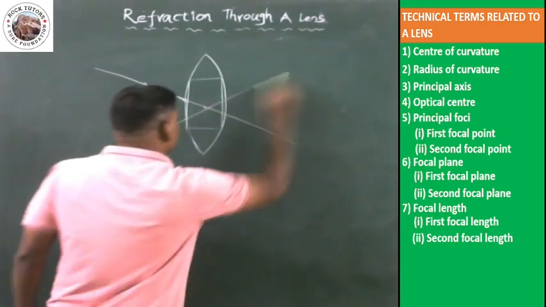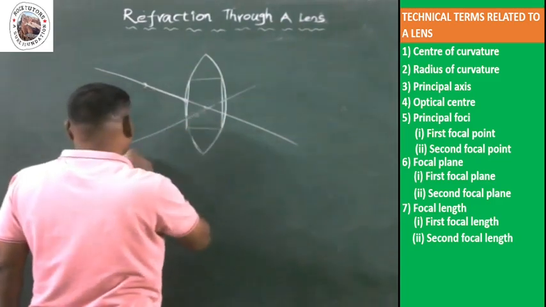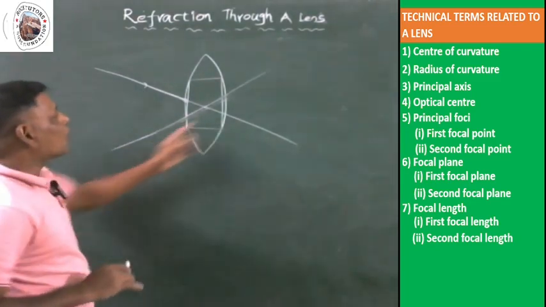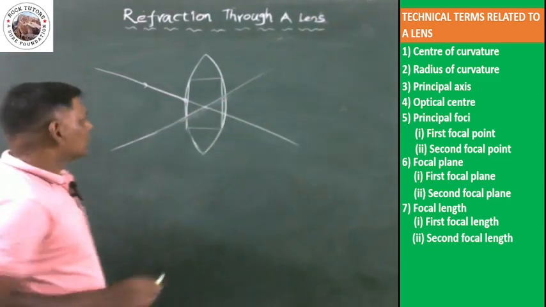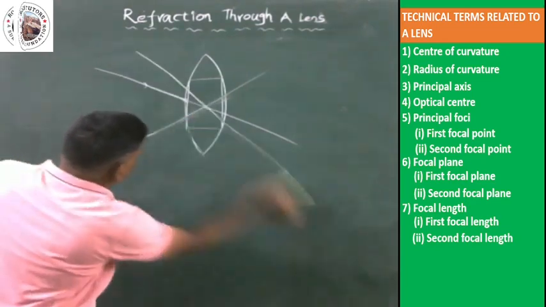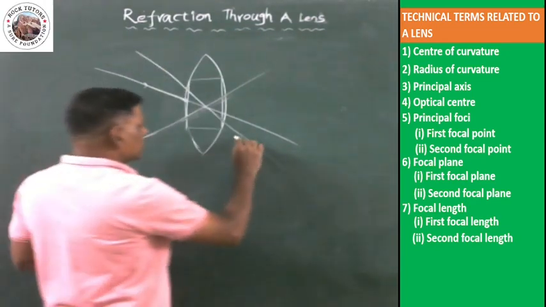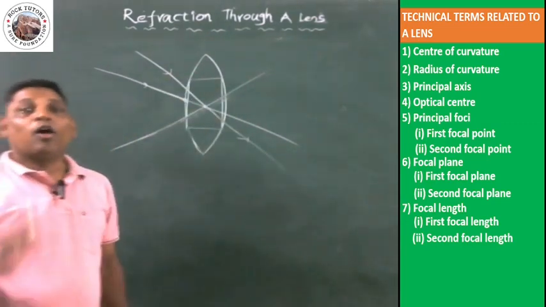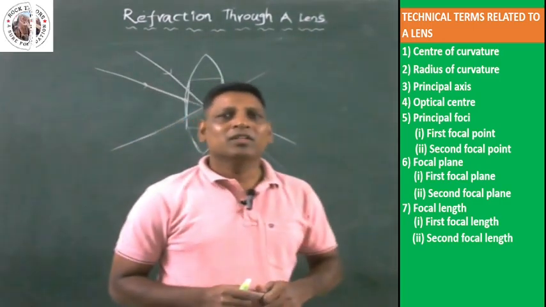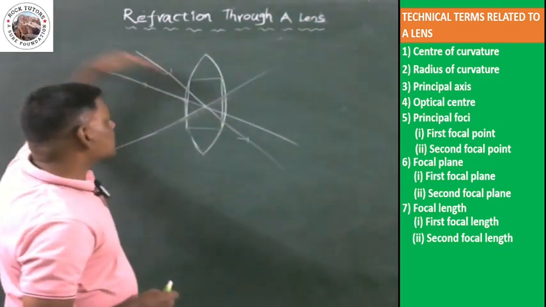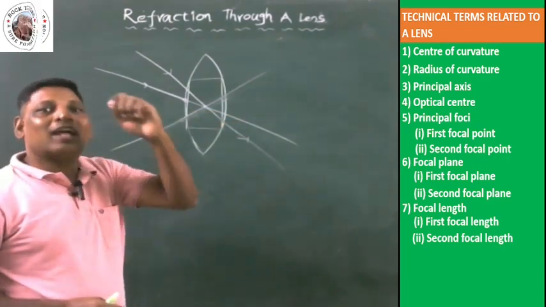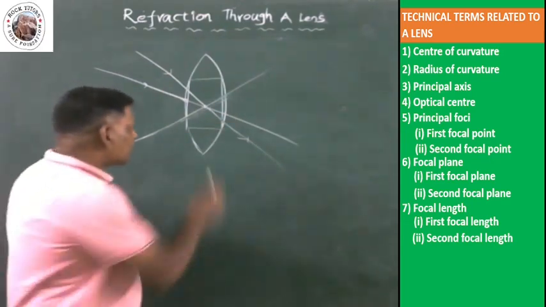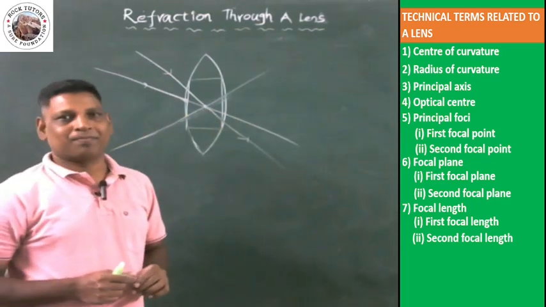This ray is passing through this point without deviation. Now this point is called the optical center. That means the point through which the ray passes undeviated, moving straight, is called the optical center.